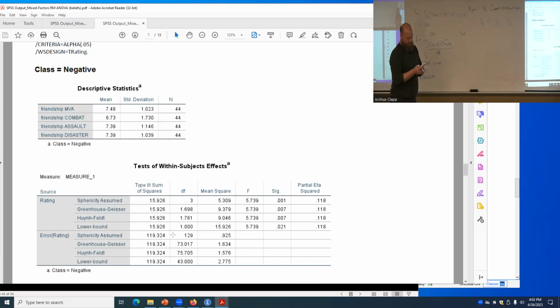Can someone pull up and take a look and see what the degrees of freedom are, critical T degrees of freedom? Oh, there it is. Okay, got it. What I did in terms of looking at my degrees of freedom for my Greenhouse-Geisser correction is 73. So T critical for 73 degrees of freedom is equal to 1.993.